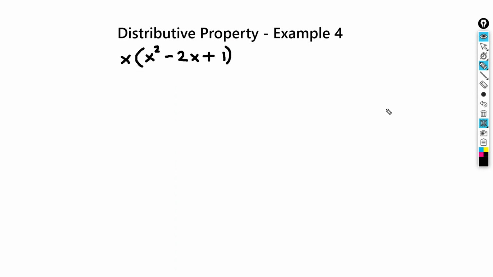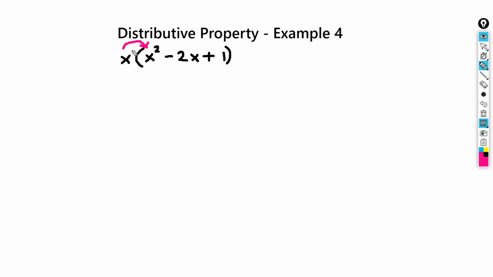Okay, in this example, we have x times a trinomial. And right now, this trinomial is semi-factored. We could factor it further, actually, but let's say we wanted to expand it out by using the distributive property. We can do that with a trinomial as well. So what we can do is we just multiply x times each term, so x times x squared.